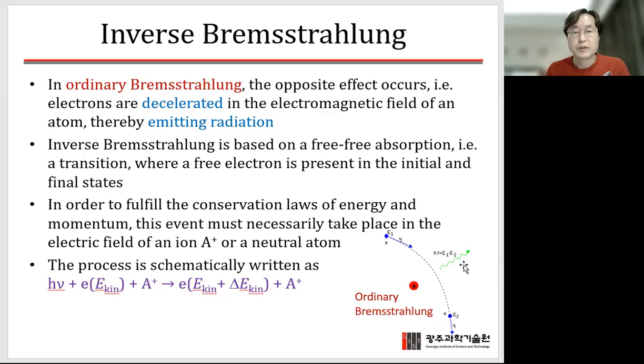But the process of the inverse Bremsstrahlung is opposite. You are getting the energy from the laser, and then you are increasing the kinetic energy of the electron.